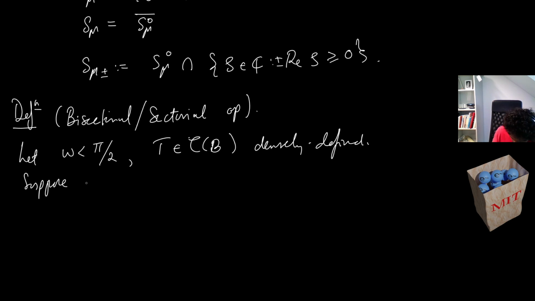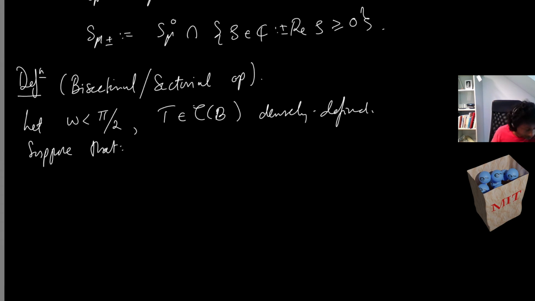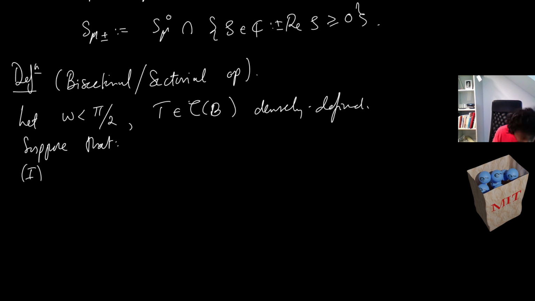Suppose that the following hold. First, the spectrum of T is contained in the closed bisector S omega.